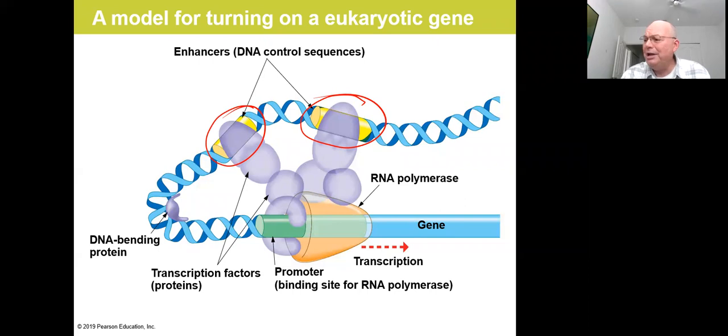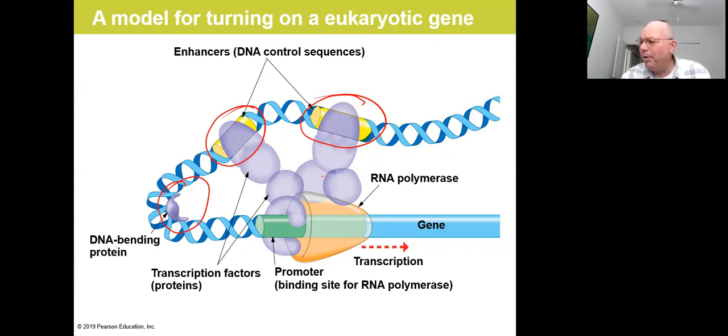That causes the DNA to bend around and bring these enhancer regions adjacent to the promoter region of the gene. And there's actually another protein, you can see it here, DNA bending protein, that actually assists in bending the DNA around and holding the DNA in its bent conformation to bring these activator proteins adjacent to the promoter region.